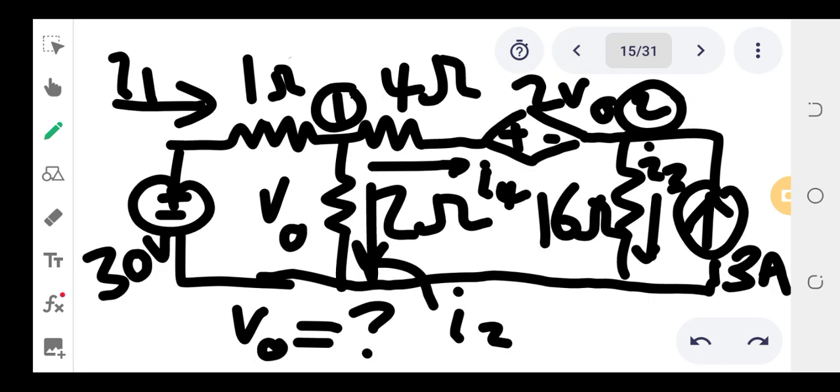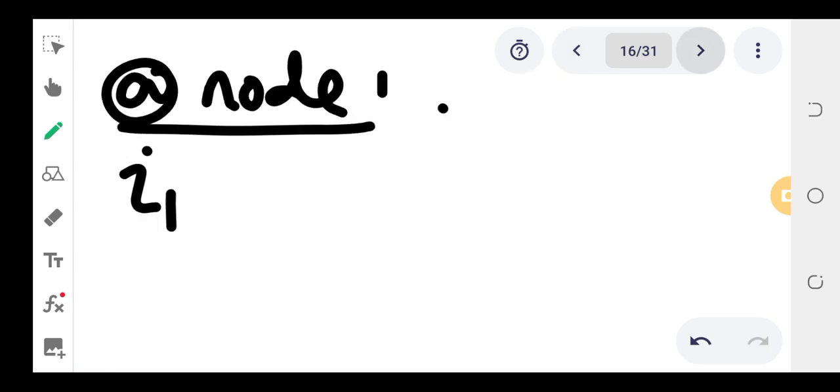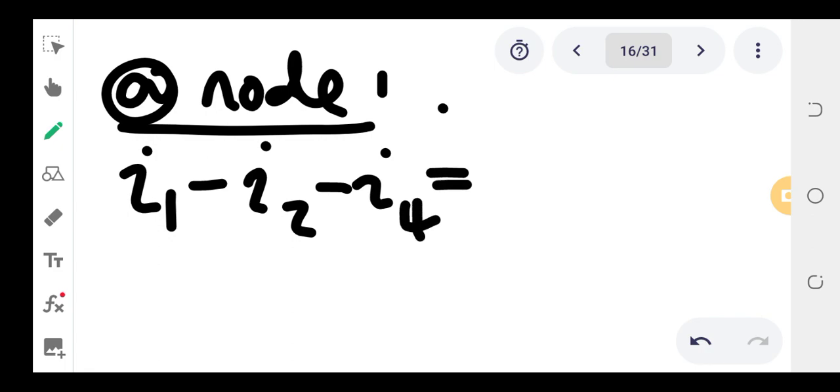What is coming out will have a negative sign, and what is going in at that node will be assigned a positive sign. So I2 and I4 are leaving, so these will have negatives. All these must be equal to 0 according to Kirchhoff's current law.